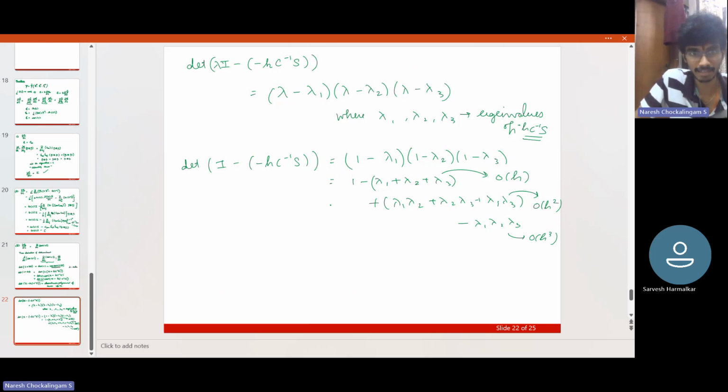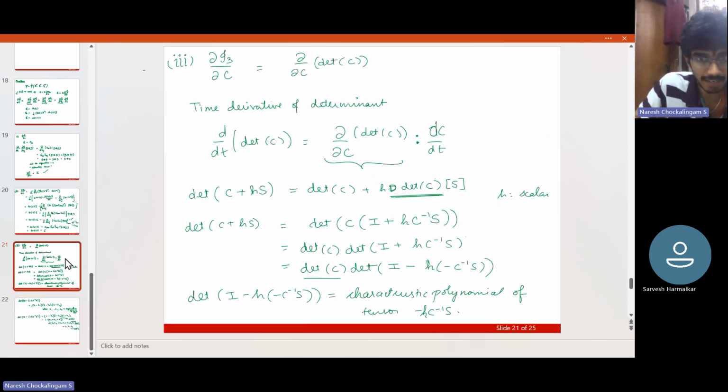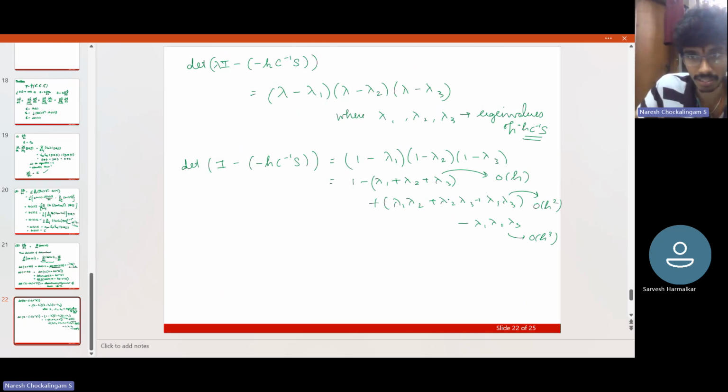So as per the definition of directional derivative, these can be dropped. The directional derivative is the first order term where you have h, plus certain higher order terms in h square and so on. Those can be dropped. We are only interested in the directional derivative, so we are retaining only the terms with h. Only this will contribute; these are higher order terms.